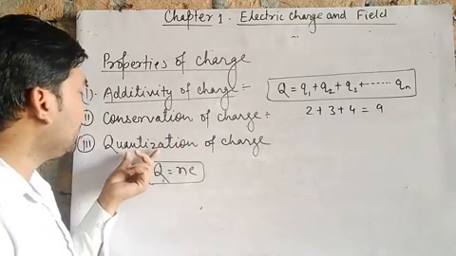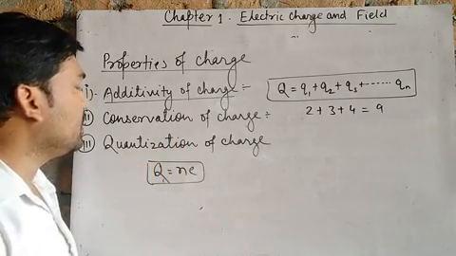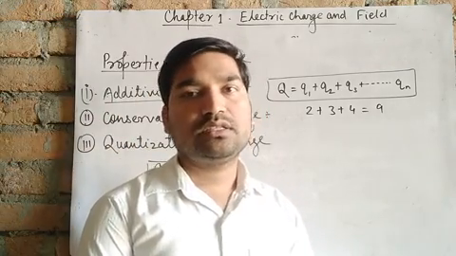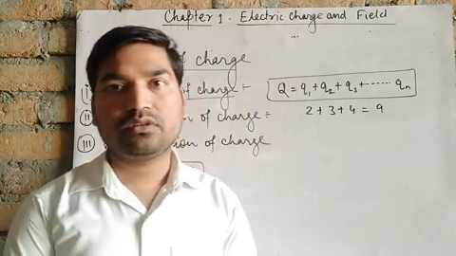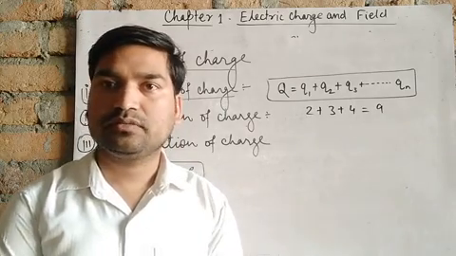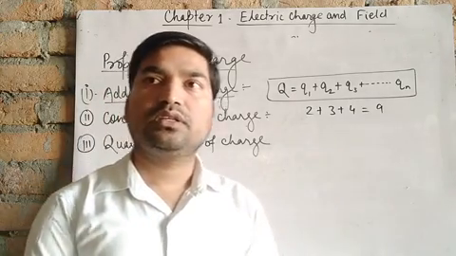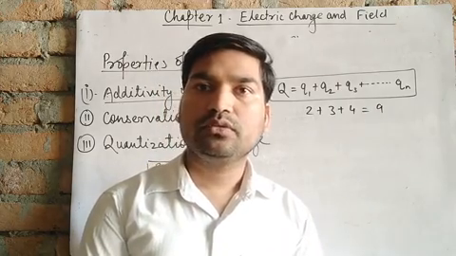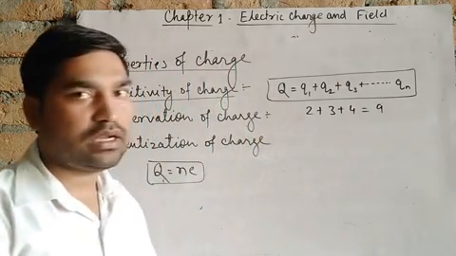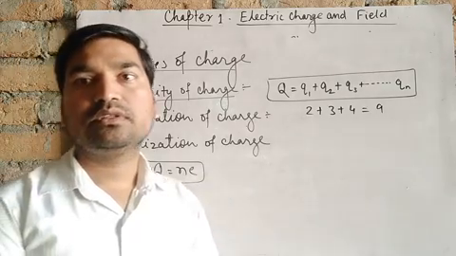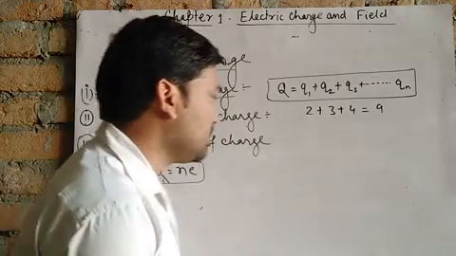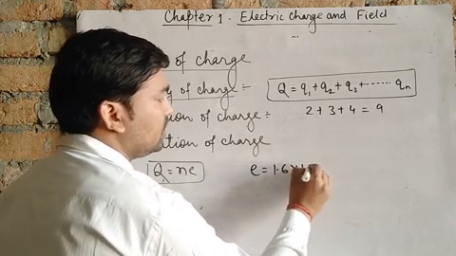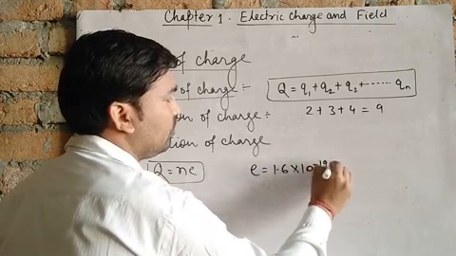The third property, and the most important property, is quantization of charge. Quantization of charge means the charge on a body is due to the electrons or protons present in the matter. The total charge on a body is due to the number of electrons and protons. As you know, the charge of one electron is 1.6 into 10 to the power minus 19 coulomb.